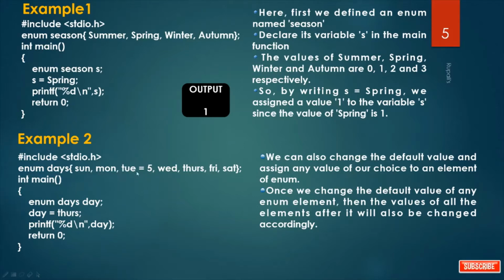Once we change the default value of any enum element, then the values of all the elements after it will also be changed accordingly. So when we change the value of Tuesday, then Wednesday, Thursday, Friday, Saturday will also be changed. So when I want to print day equal to Thursday, what will be the output now? It is 5, then 6, then 7. So output is 7 now.